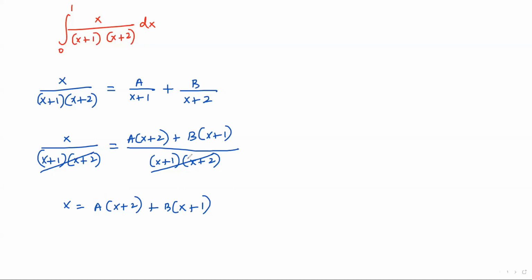First, let me plug in x = -2 so that A will vanish. In the complete equation, I plug in x = -2. So I get -2 = A(-2 + 2) + B(-2 + 1). Here -2 + 2 becomes 0, and 0 times A is 0, so A vanishes.